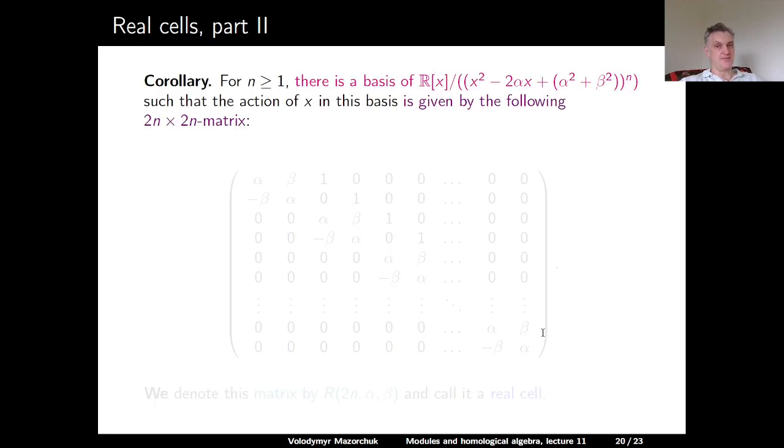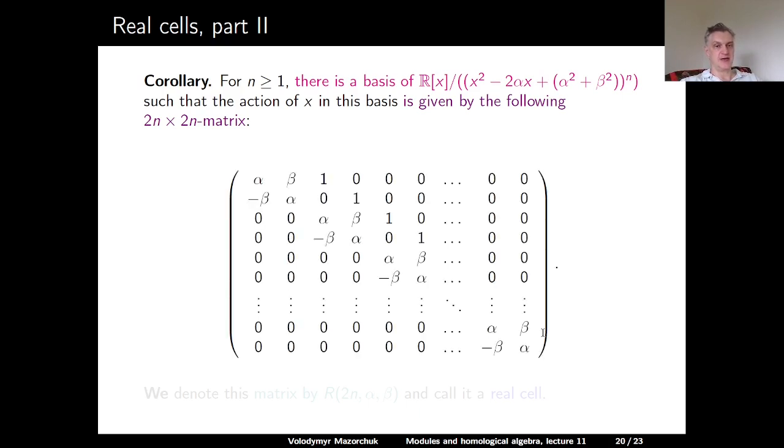As a corollary, if we take the quotient of R[x] by the ideal generated by such polynomial to the power n, then in this quotient there is a basis in which the action of x is given by the following 2n times 2n matrix. We have on the diagonal the 2 times 2 blocks, which are equal to our matrix M from the previous slide.